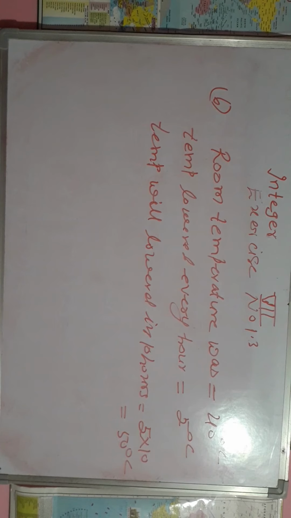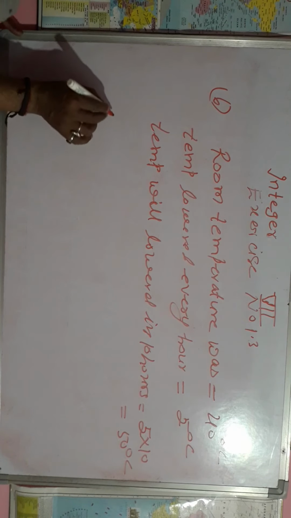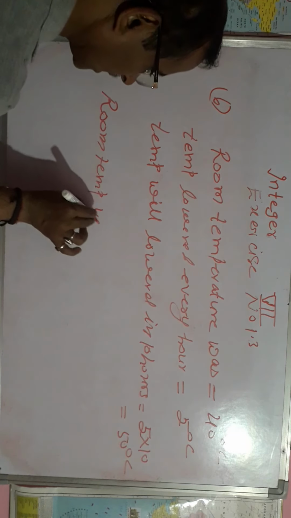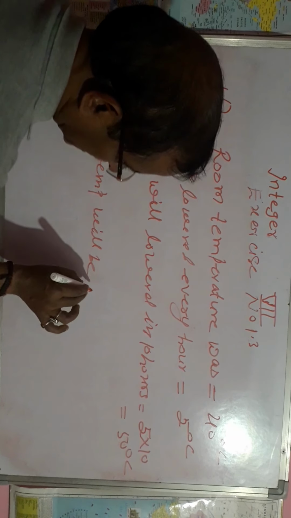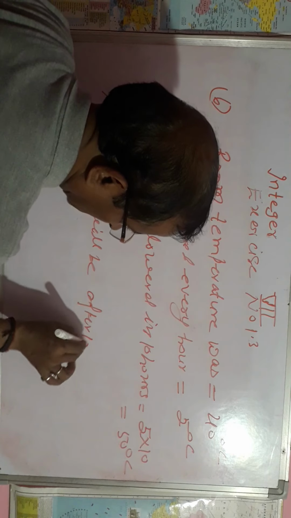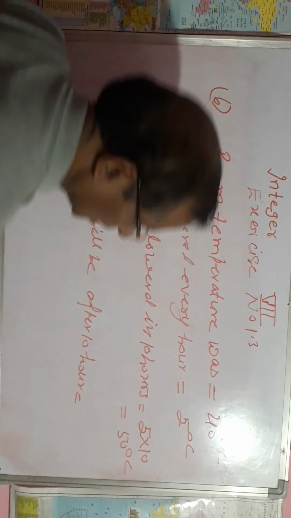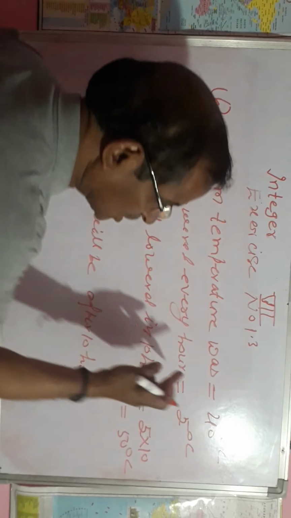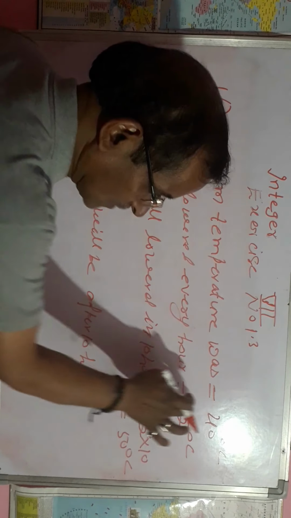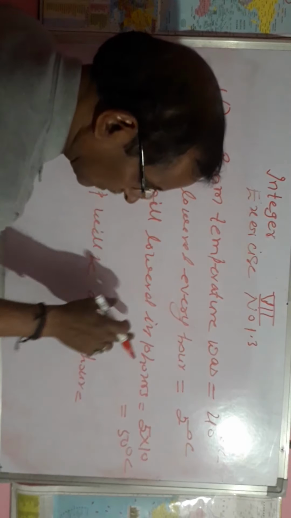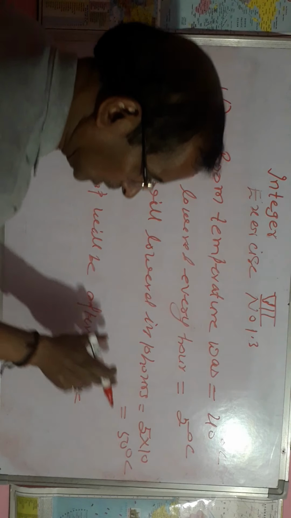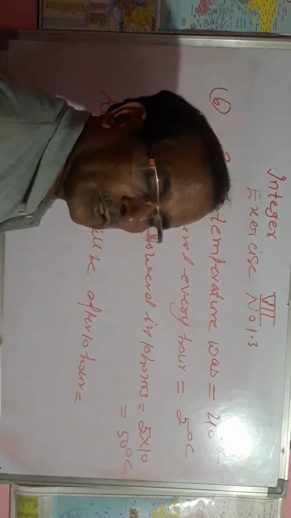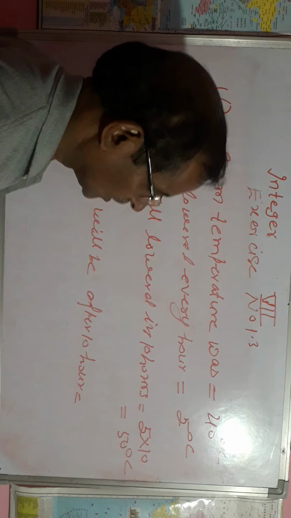Hence, what will the room temperature be after 10 hours? The initial temperature was 40 degrees Celsius, and the temperature lowered in 10 hours will be equal to 50 degrees Celsius, because 5 degrees Celsius is decreased in 1 hour.